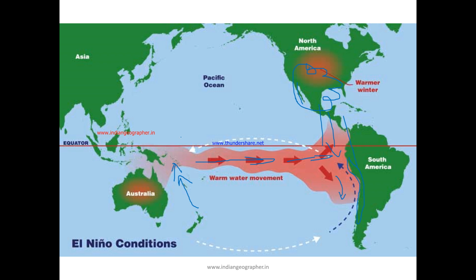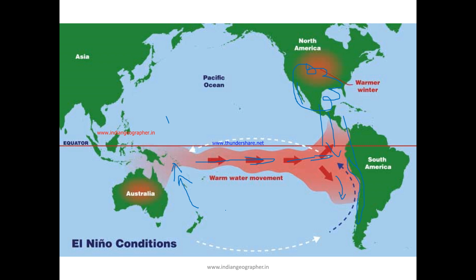The phrase that is normally used, the desert blooms, is associated with plants germinating in the Atacama Desert and flowering for a short duration of time. That is a result of the El Nino phenomenon, right?